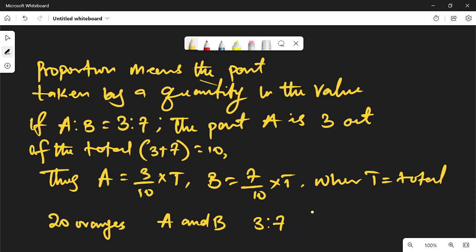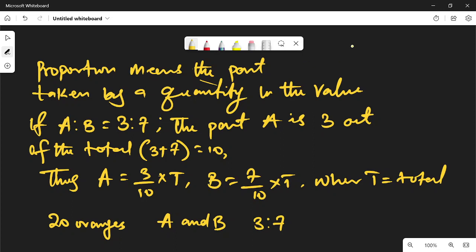What this simply means is that if I split it into 10 places, A is to pick 3 and B is to pick 7. So dividing 20 into 10 places, you are having 2 each.